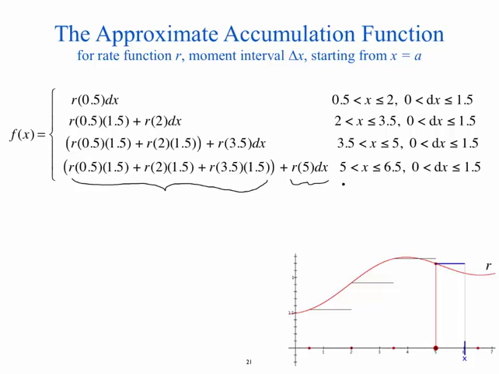In order to write this in one line, we're going to use our summation notation, which we learned about. So this is going to be a sum for completed intervals, and then this is going to be the additional accumulation for the partial interval. Is it important?